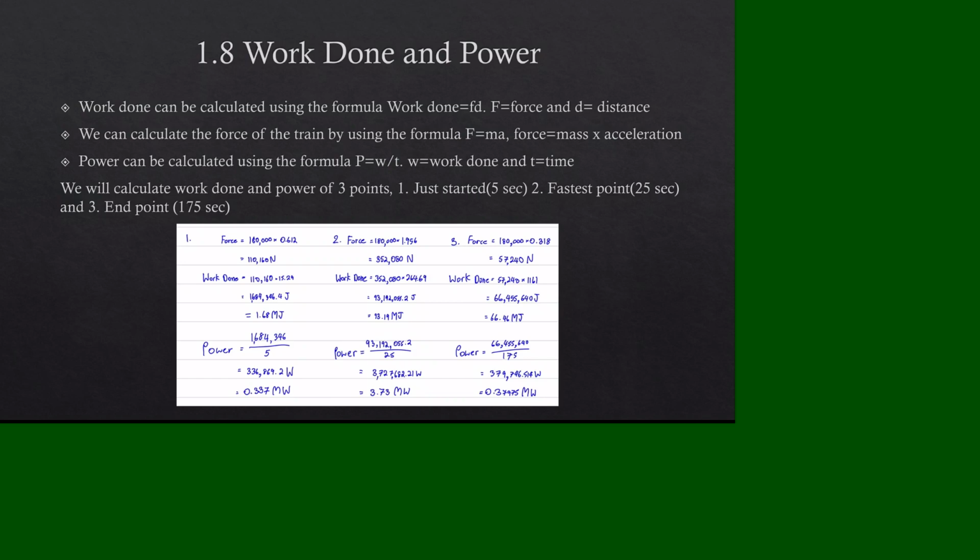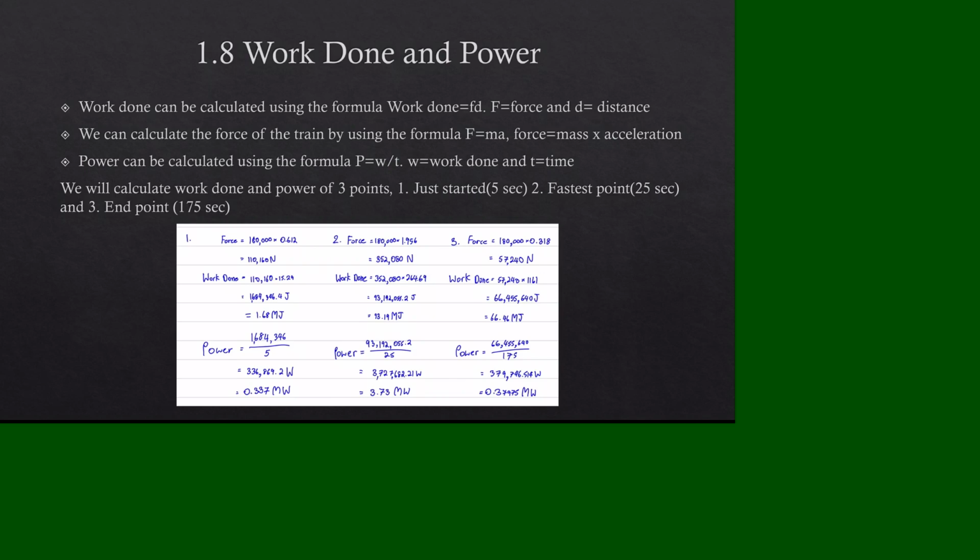In the calculation, the force is calculated using the mass, which is 180,000, and 0.612 for the acceleration. Work done is calculated by taking the force, which for the first one is 110,160 newtons, times the distance, which is 15.29 at 5 seconds, which equals 1,684,346.4 joules.